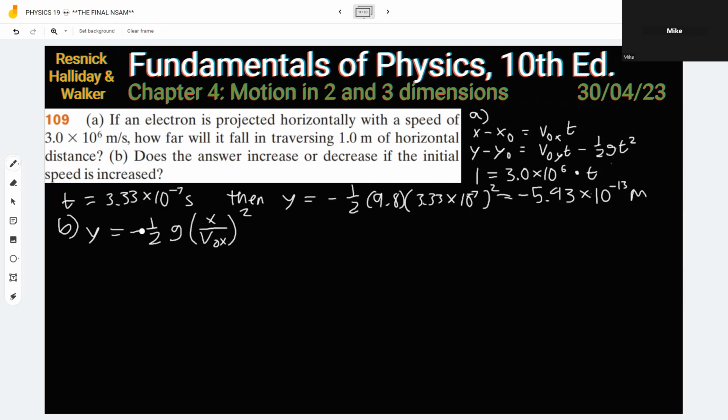Okay. Ngayon, kung magnitudes lang, so absolute value, that's going to be +1. Kasi ang hinahanap natin ay distance. Yung negative sign, that's not a distance. That's going to give you a displacement. So, yung distance fallen is absolute value of y.